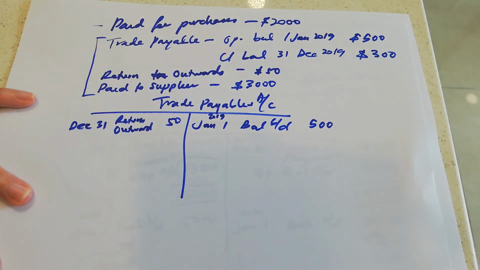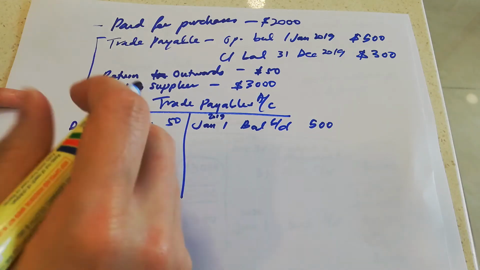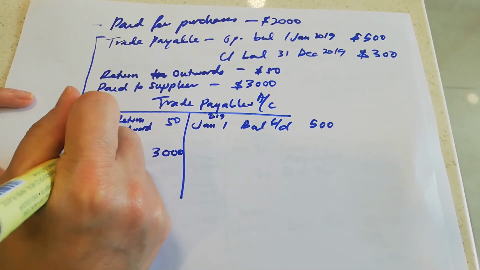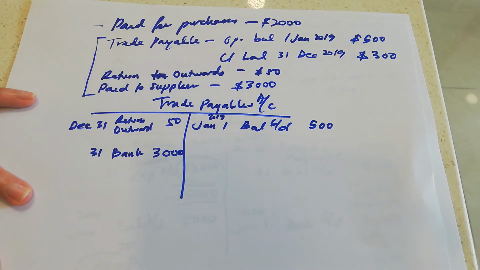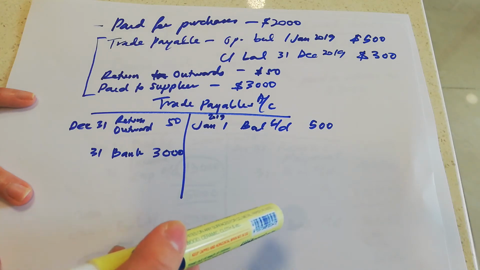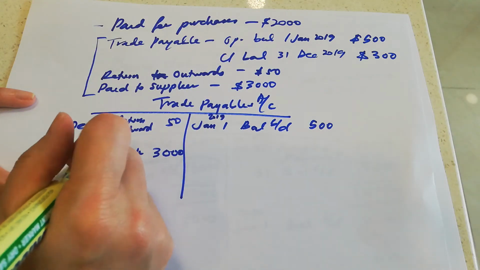Okay, and then payment to supplier, it also comes here. Again, you credit bank, debit trade payable account. So this figure 3,000 should come here. And then my closing balance for trade payable. I know my opening balance should always be on the credit side because trade payable is a liability. So my balance carry down, the year-end figure should be on this side.